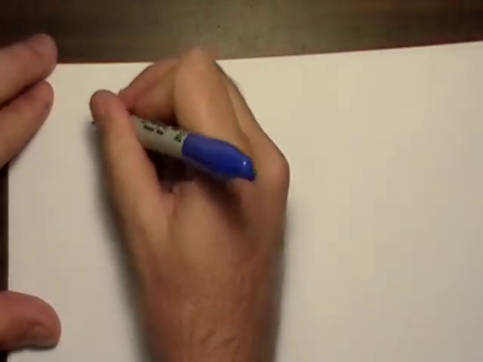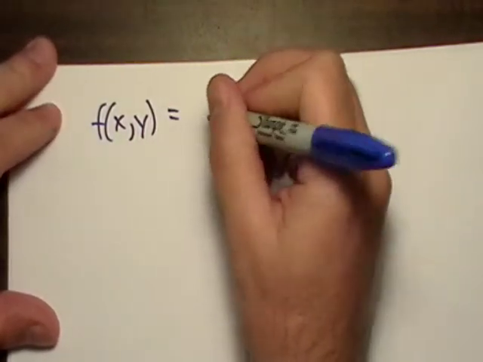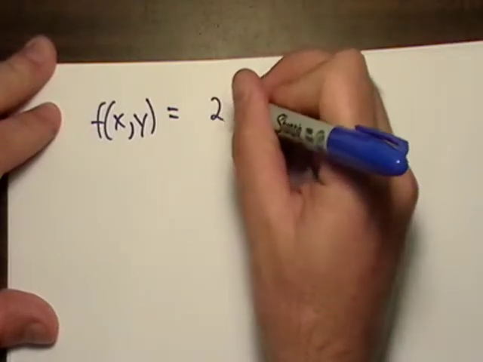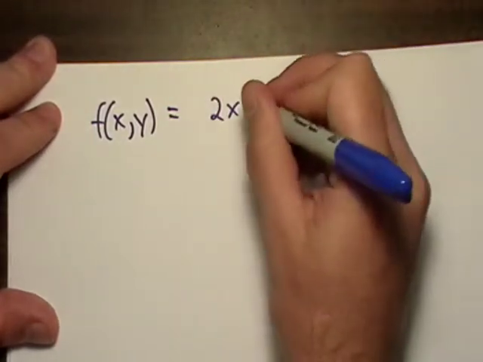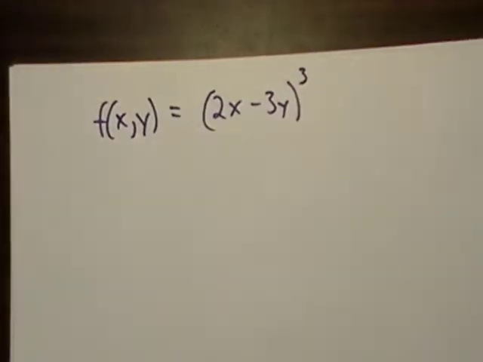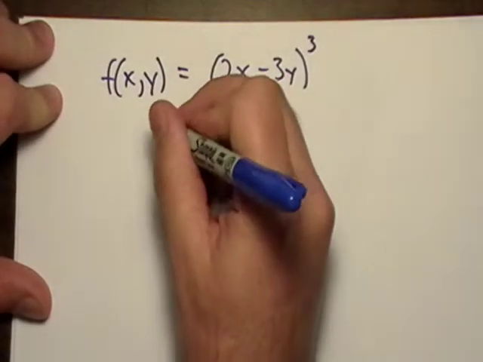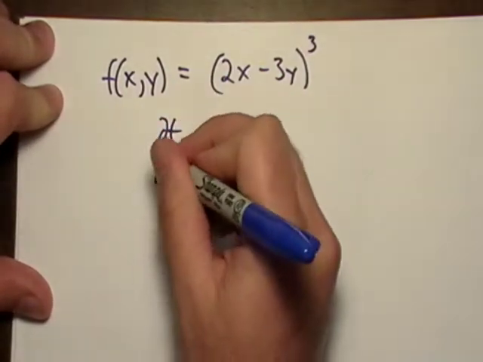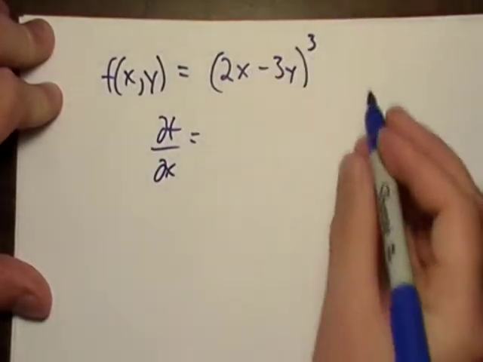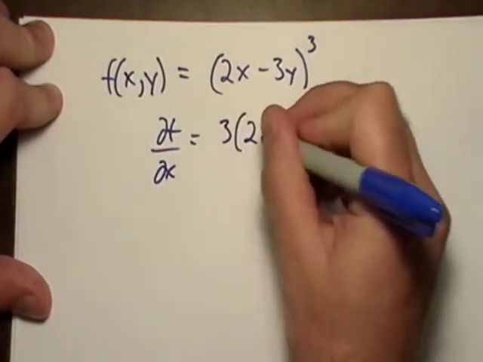Let's say f of x, y is equal to, I don't know, 2x minus 3y, and let's raise that to a third. So let's take the partial with respect to x. I'm just going to do the chain rule, so it's business as normal.